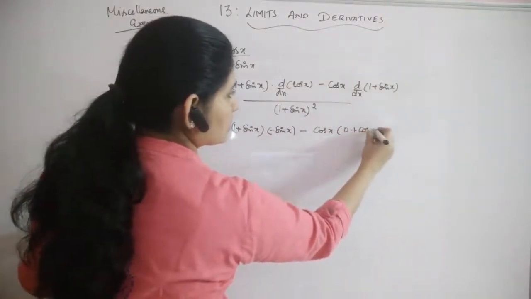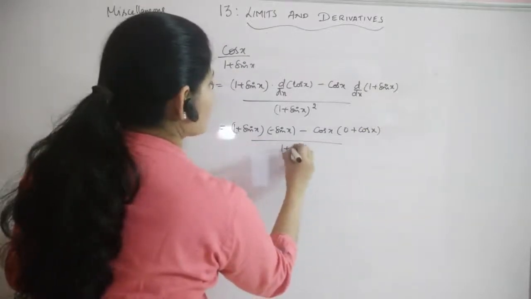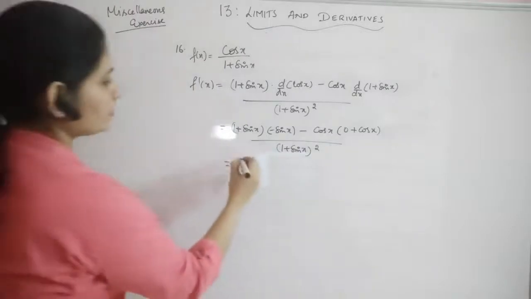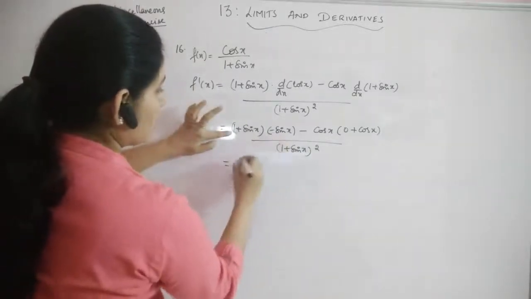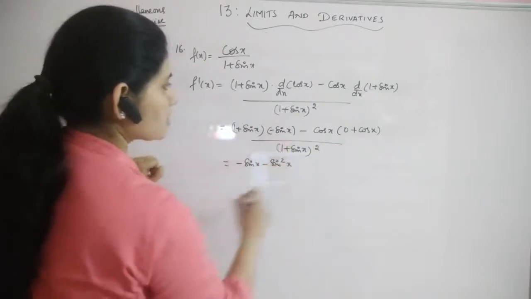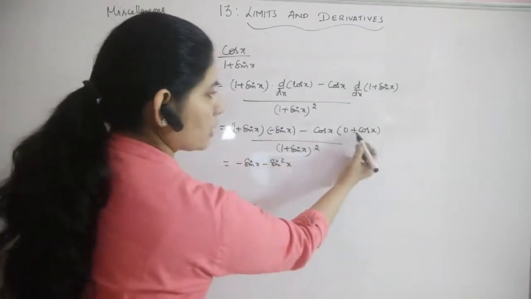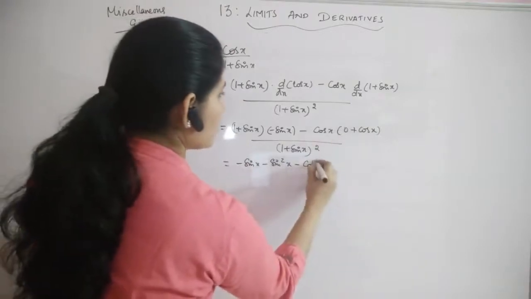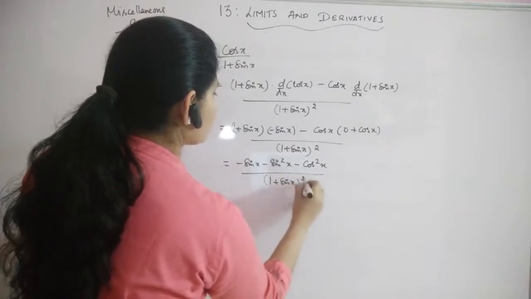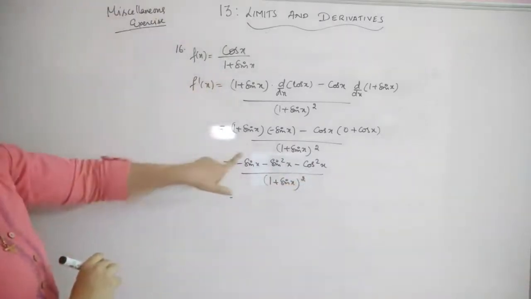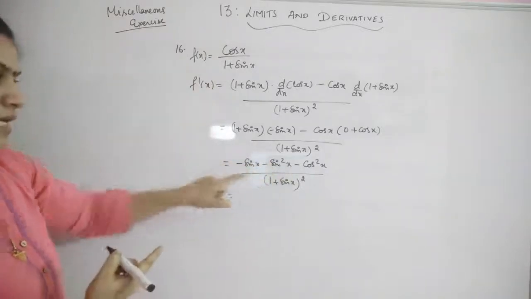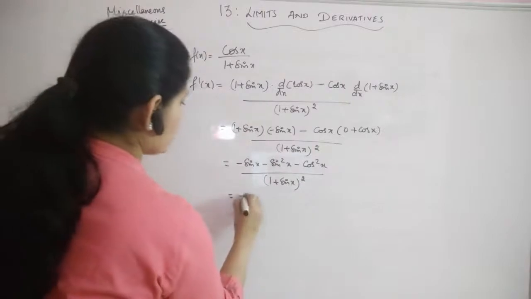divided by (1 + sin x) the whole square, which is equal to, this will give you minus sin x minus sin square x. Here you have only cos x into cos x, so minus cos square x, divided by (1 + sin x) the whole square, which is equal to, from all the three you can take out a negative sign.